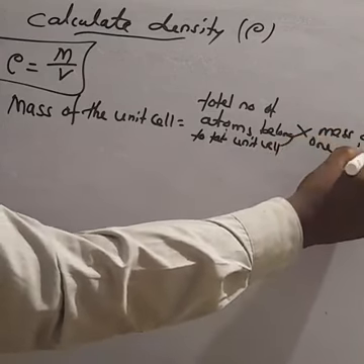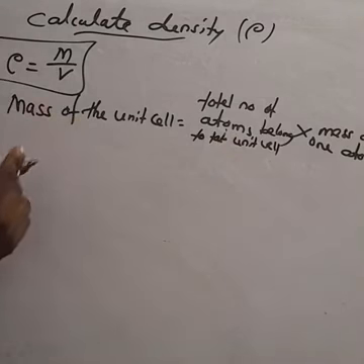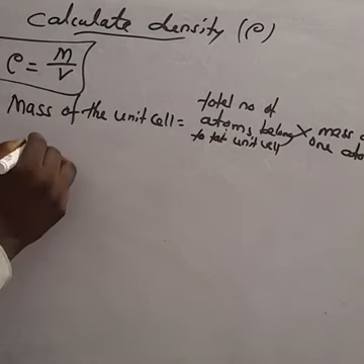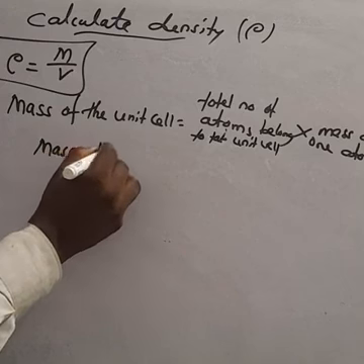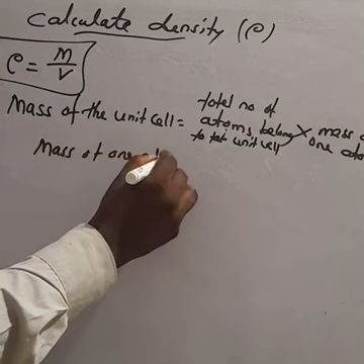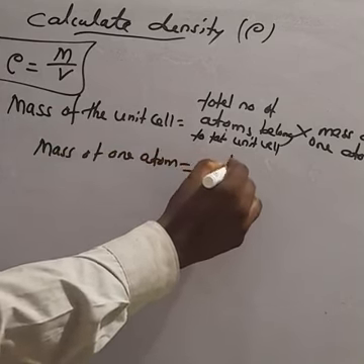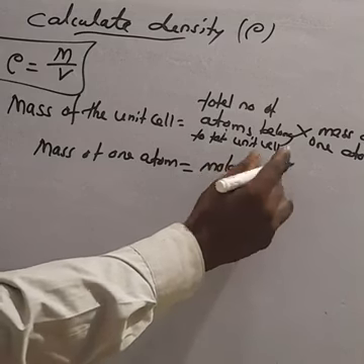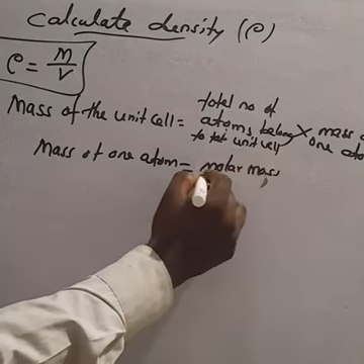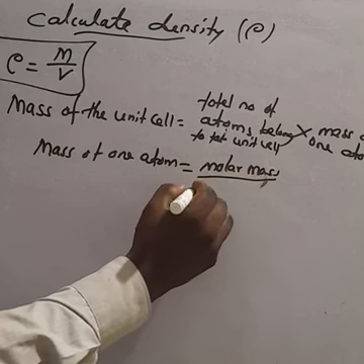The mass of one atom is equal to molar mass divided by Avogadro number.